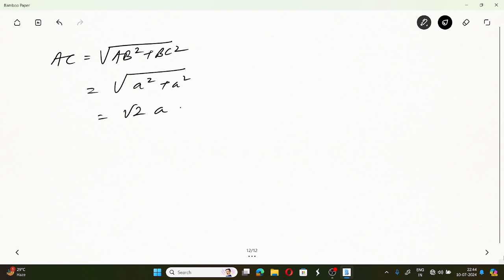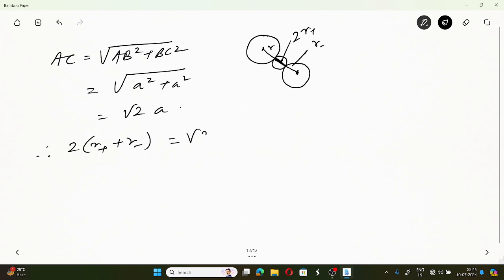Now if you look carefully at AC, at the center there is the cation, and at the ends the anions. If you join these, this is R minus, this is also R minus, and this entire middle portion is obviously twice R plus, because it is the diameter of the cation. So we can say AC equals twice radius of cation plus twice radius of anion, and this equals root 2 a, or R plus plus R minus equals a by root 2. So this is equation 2.